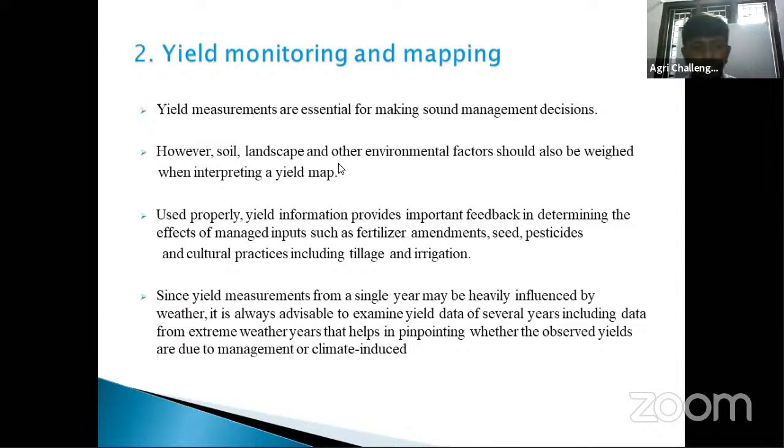So you have to collect and analyze data from several years, including data from extreme weather years, such as a drought year, a very flooded year and a normal year. You can interpret all that data and finally prepare a yield map to manage your field efficiently.